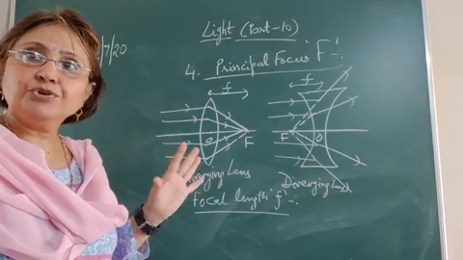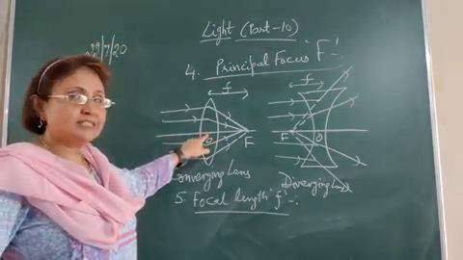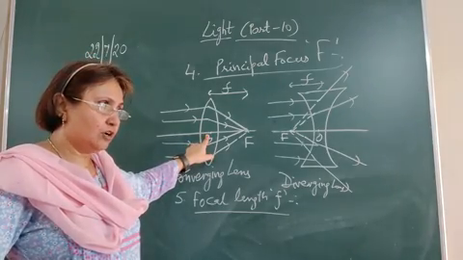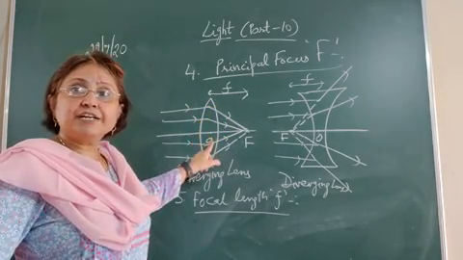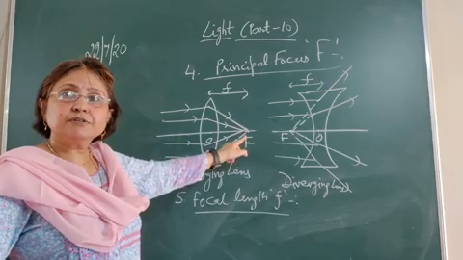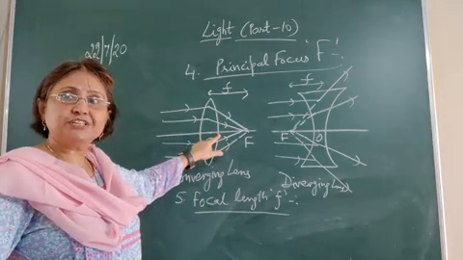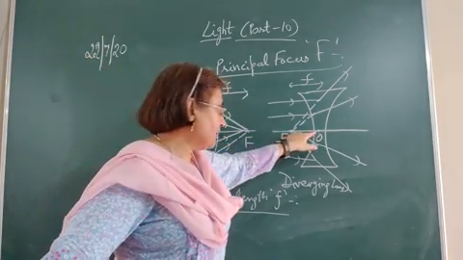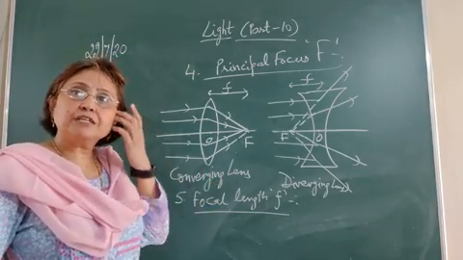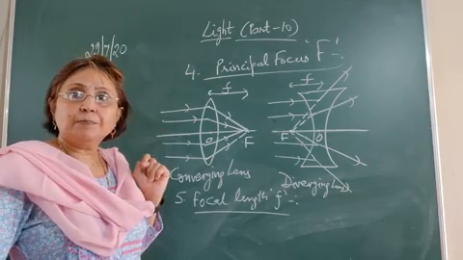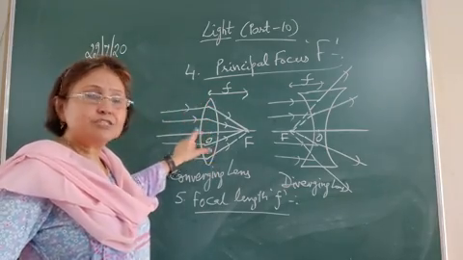Few terms we have studied. Optical center is the central point of the lens. Then principal axis, the straight line passing through the optical center and perpendicular to both the faces, both the curved surfaces. Aperture, the effective diameter of the lens.